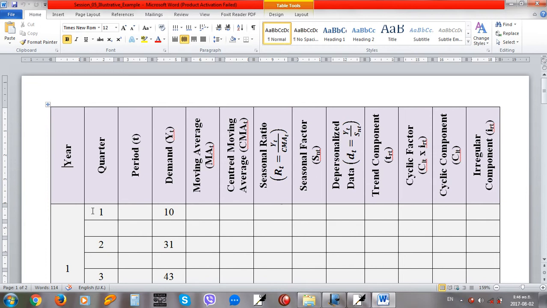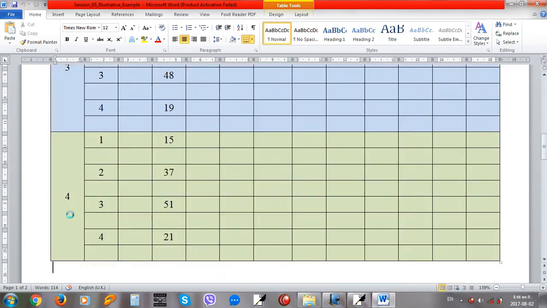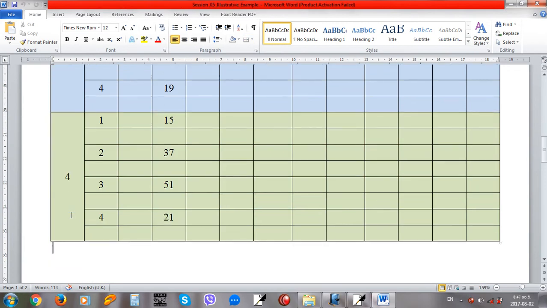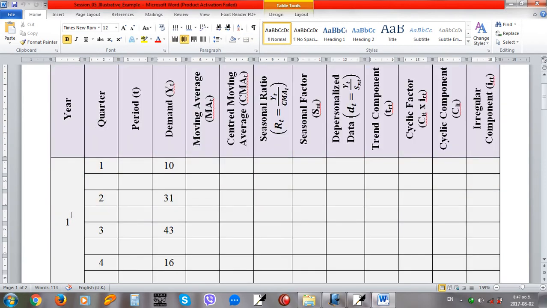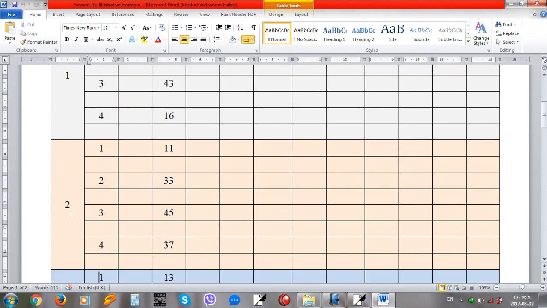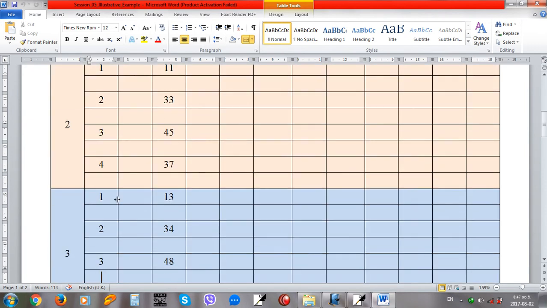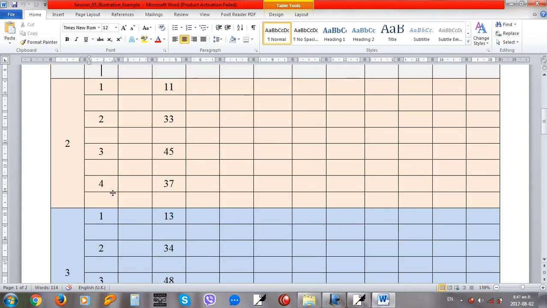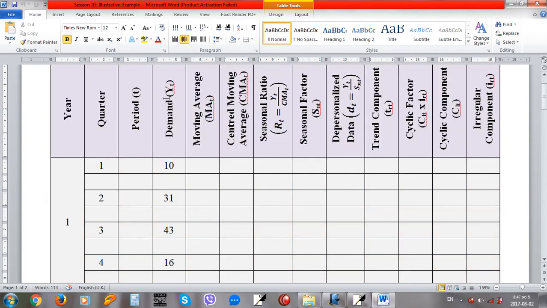So in the first column you can see year. There are 4 years, right? So you can see year 1, 2, 3, 4. And in the second one, quarters, 1, 2, 3, 4 for the first year, 1, 2, 3, 4 for the second year, then 1, 2, 3, 4 for the third year, and 1, 2, 3, 4 for the fourth year. Then here you have to fill the period.